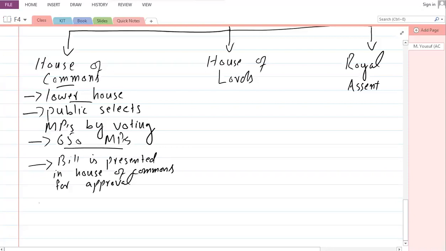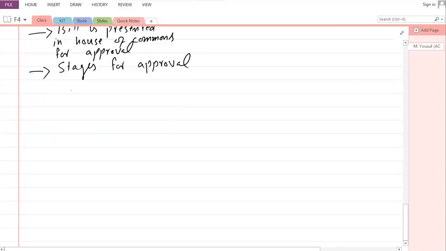So how is a bill approved by House of Commons? There are some stages for approval. The stages start from first reading. This is called first reading. After that comes the second reading.